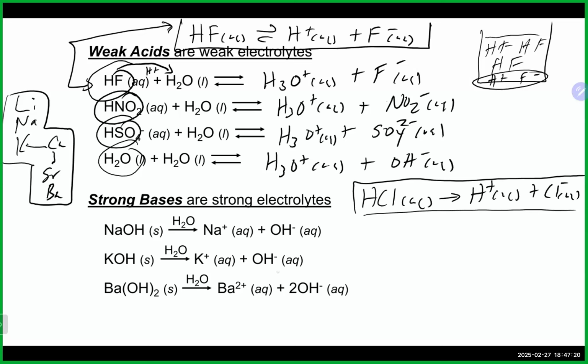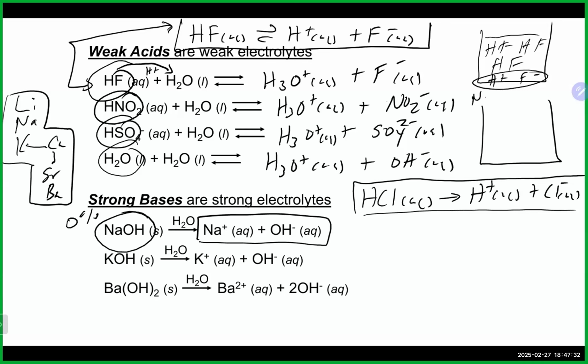Because they are strong bases, they're going to, again, 100% break apart. You will have 0% of the sodium hydroxide units still together in the solution. So if you dump some sodium hydroxide into your solution, you're just going to see ions floating around, and you will, much like a strong acid, produce a lot of free OH- really quickly into that solution.